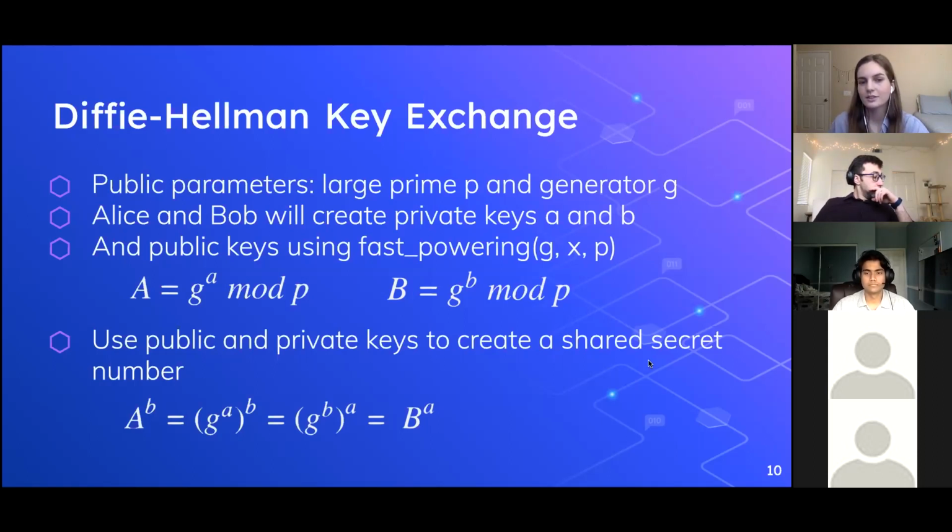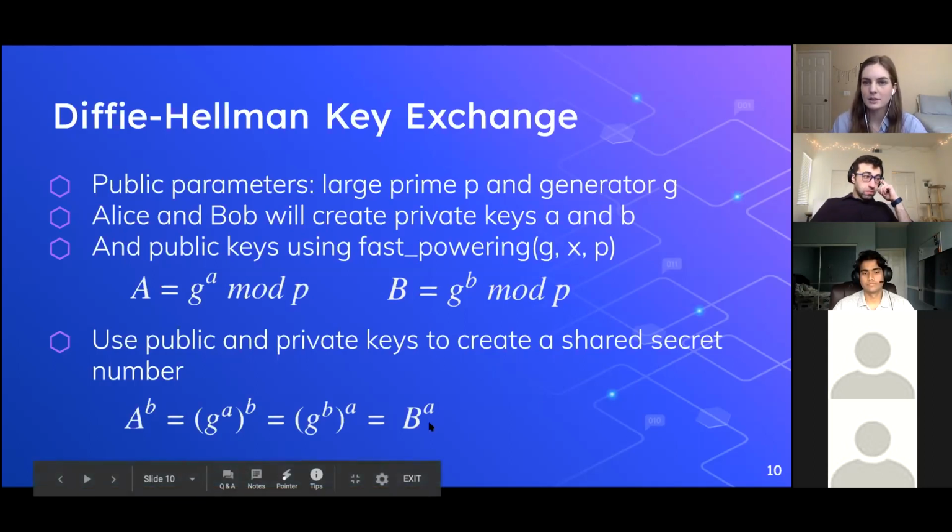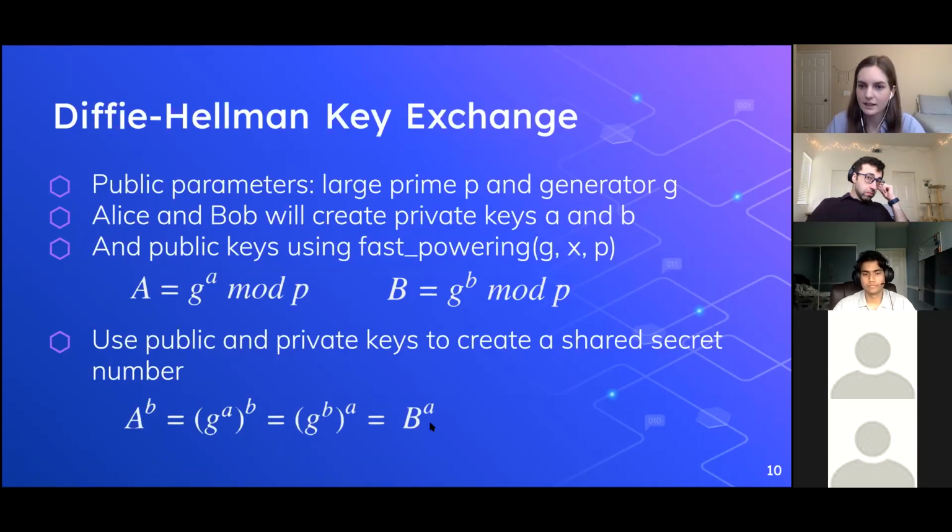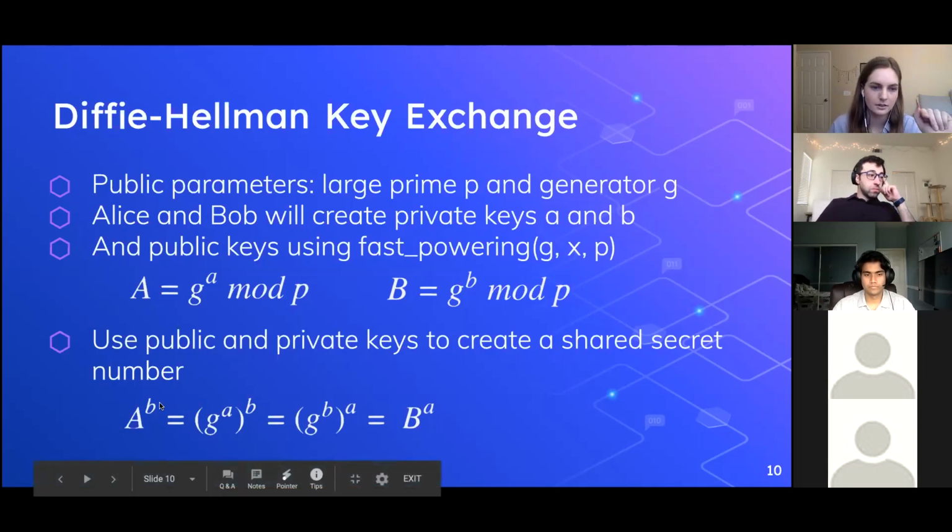And so this is going to allow them, now that they have their private and their public keys, to be able to create this shared secret number. So for Bob, what he's going to do, since capital A and capital B are their public keys, these are out there for the world, they're published. So Bob can easily find Alice's public key, and he can raise this to his private key. So you could see that would be capital A to lowercase b. And Alice can take Bob's public key and raise it to her private key.